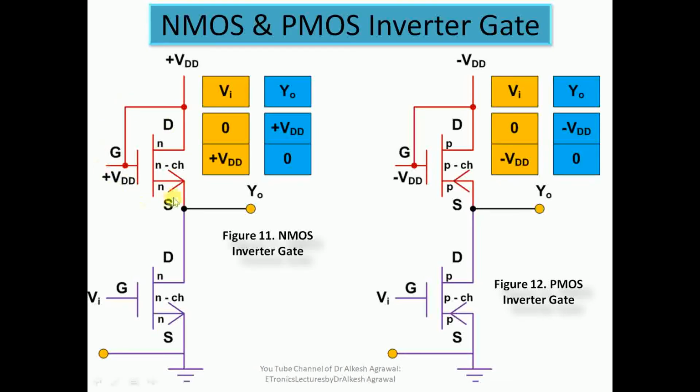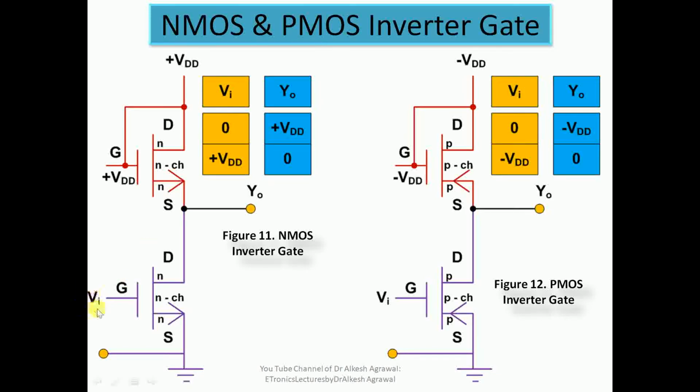So this upper transistor is acting as a load. In the lower transistor, here we will give the input voltage. The first case is input voltage of 0. When 0 voltage is given, this lower N channel MOSFET will go into cutoff mode, and since the upper transistor is always on, the output will be pulled up by the supply, so we get a high output.